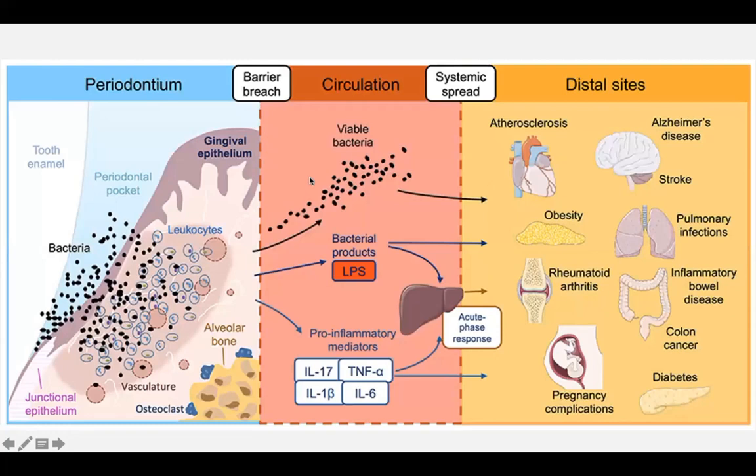And this is the overall view. We have the periodontium, the alveolar bone, and then these bacteria enter the circulation.